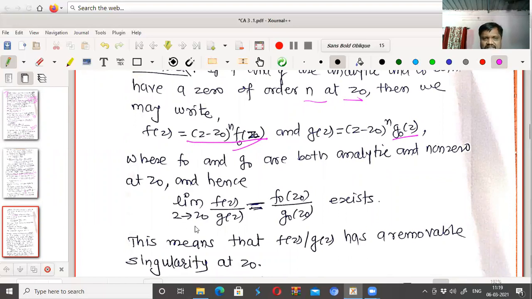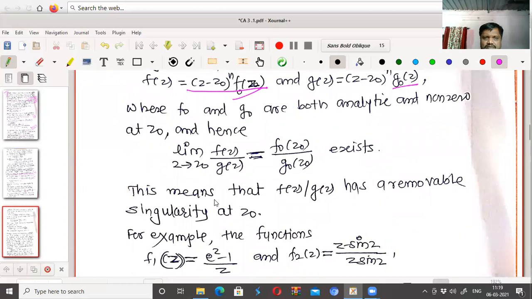Therefore, limit as z tends to z0 of f of z upon g of z equal to, this upon this cancels, we get f0 of z0 upon g0 of z0 because they are non-zero. And it exists. This shows that f of z upon g of z has a removable singularity at z0.